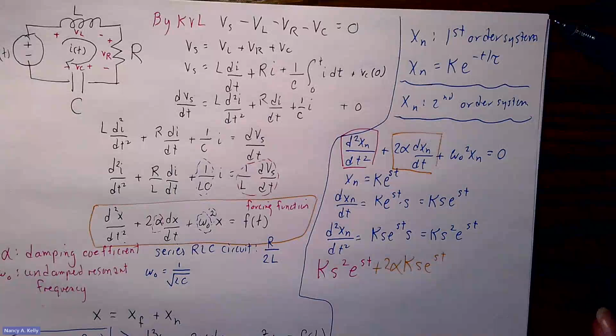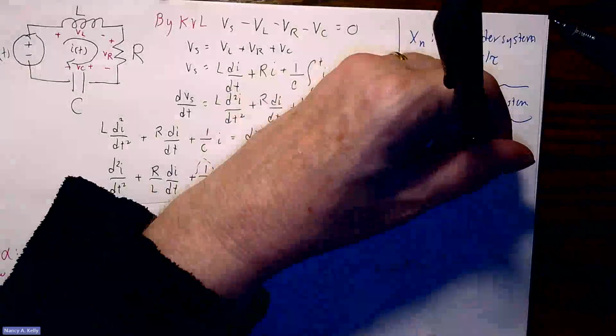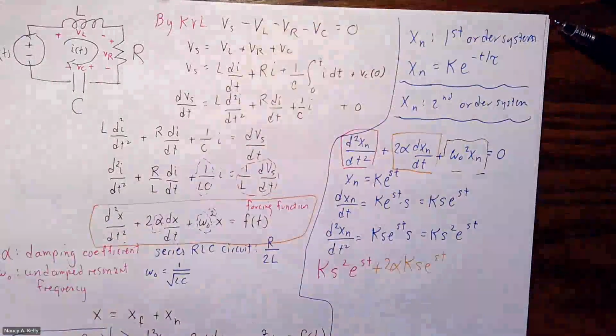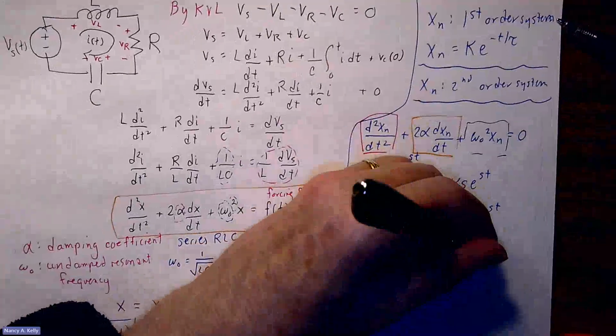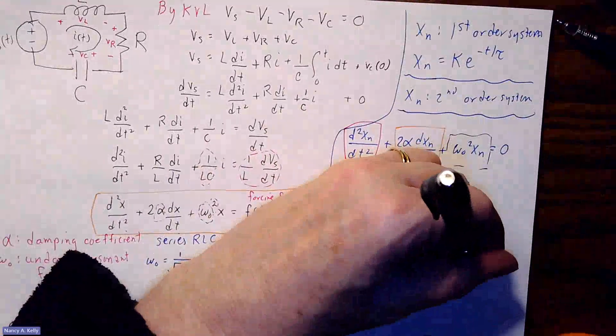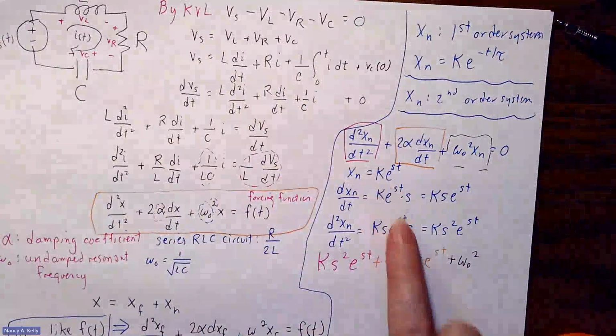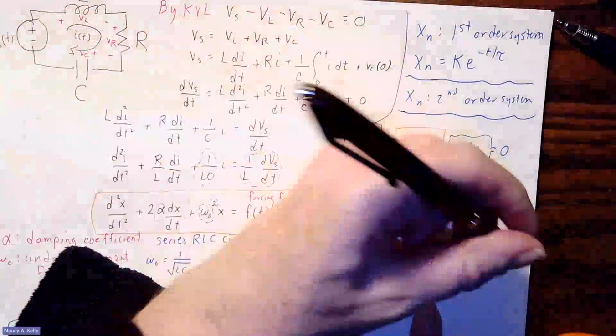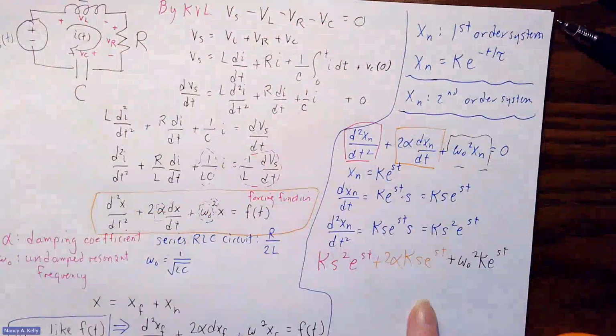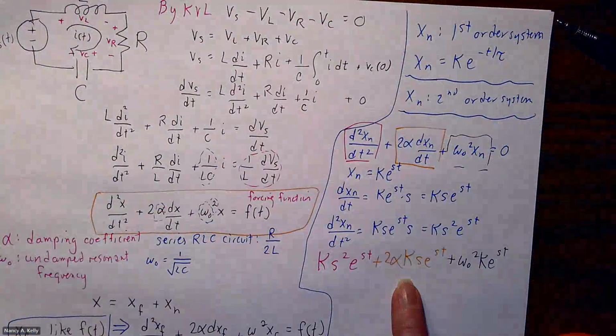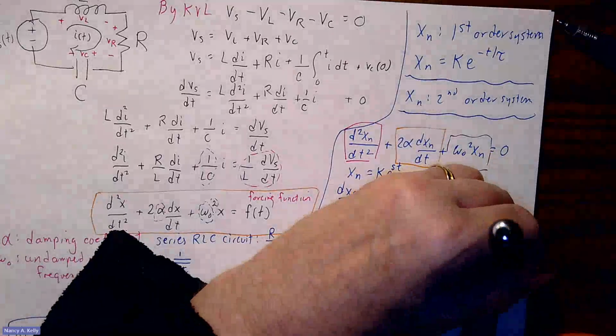And then the third term is this one here. That's just going to be omega 0 squared times the function k e to the st. Okay? And then we'll set this equal to 0.